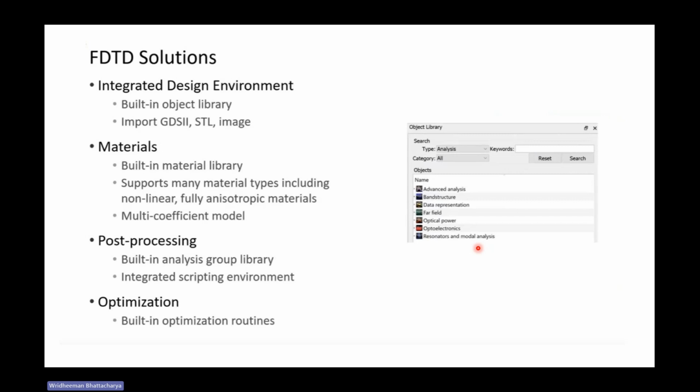There is a category like analysis, where the pre-processed scripts are already written for analyzing the data, such as the advanced analysis, the band structures for the photonic crystal circuits and the fibers. For the optical power, we can get the far field. For the resonators and modal analysis, the Q factors are already there. So we could include those to get our desired data.